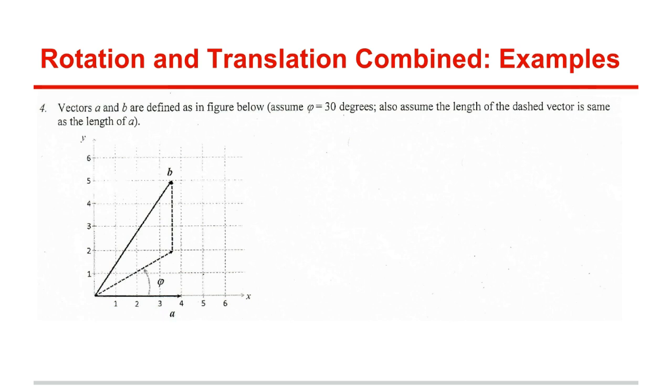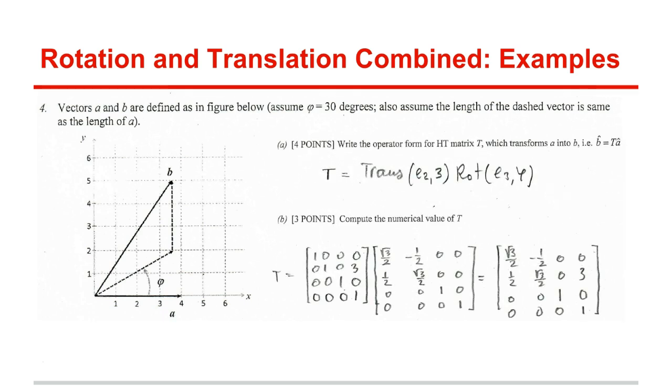So here's an example that you should do by yourself. You should pause the video and see if you can figure out what the transformation matrix of this problem is. So this is what the answer is.